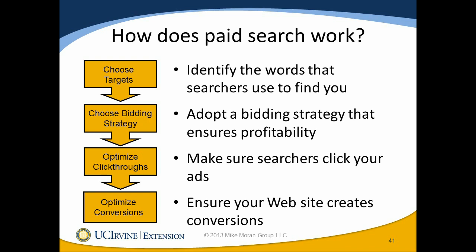And so in order to do that, it makes sense that you would have to know how much it's worth to get a new visitor to come to your site, and how much it'll be worth when you convert some percentage of those in order to make a purchase, because that's what's going to determine whether it's profitable. You want to make sure the searchers click your ads, and you want to ensure that your website makes conversions, as we've been talking about all along. So that's the 4 steps for organic search and the 4 steps for paid search.